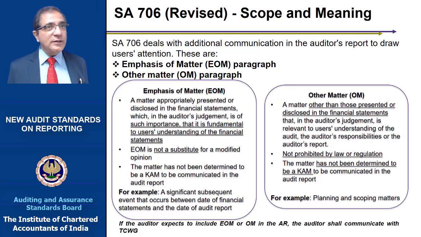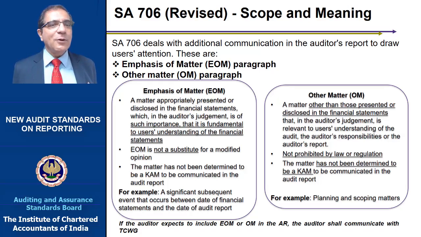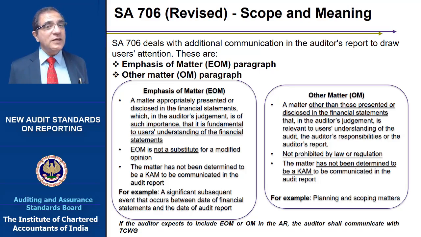Again, as I mentioned earlier, this matter is generally not a key audit matter, because a key audit matter is something which is different. For example, if the auditor would like to talk a little bit about the planning and the scoping matters, then it can form part of the other matter as well.